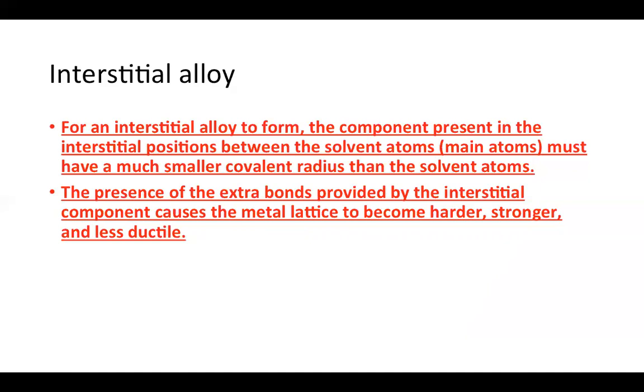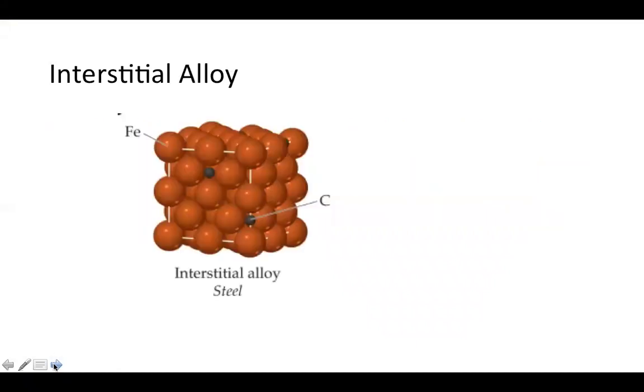Forming these interstitial alloys would cause the metal lattice to become harder, stronger, more rigid, and less ductile, because there's less space in between those atoms, so it causes the metal structure to become more rigid.